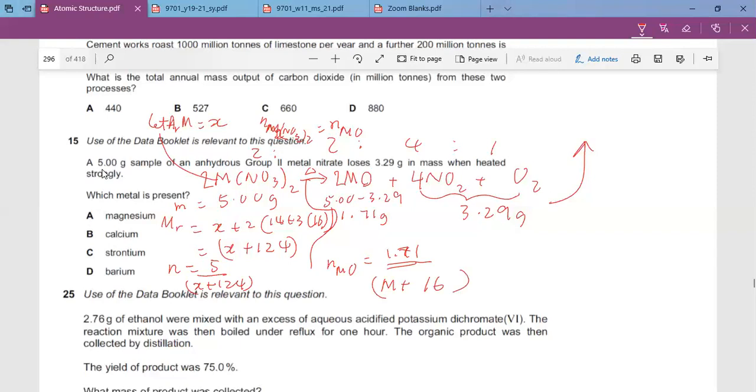So these two are equal, isn't it? You get 5 over X plus 124 equals 1.71 over X plus 16. So for X now, you don't go back to Form 1. X you find out is equal to 40.1. Of course, it's calcium.